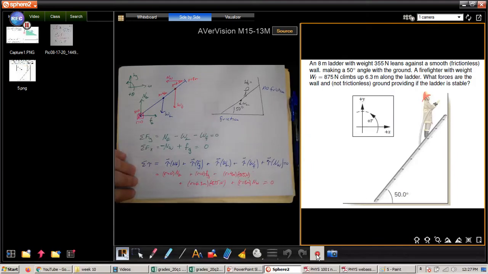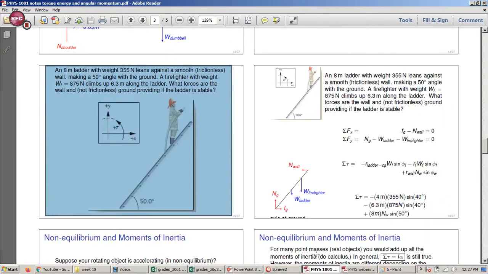And now we can look at this. Anywhere where R equals 0, the whole term goes to 0. So those things go away. And now we just have one unknown. We can solve for the force the wall puts on the object.